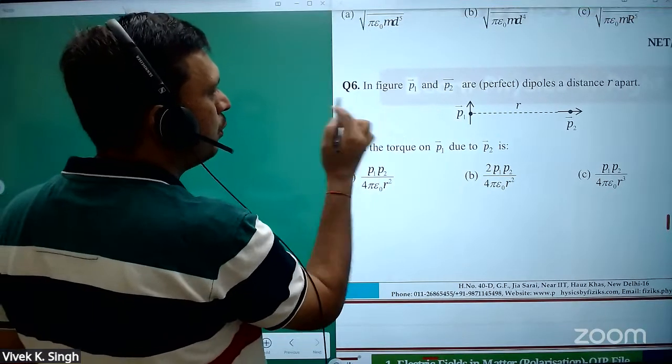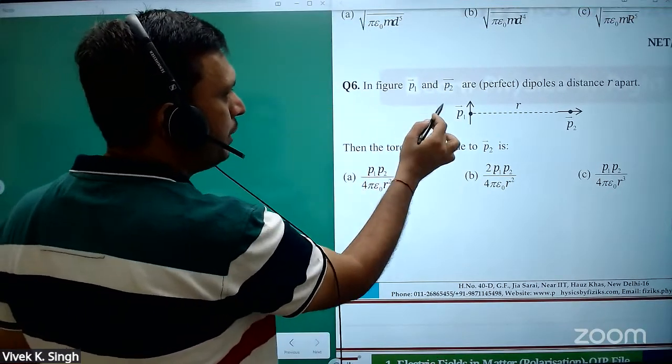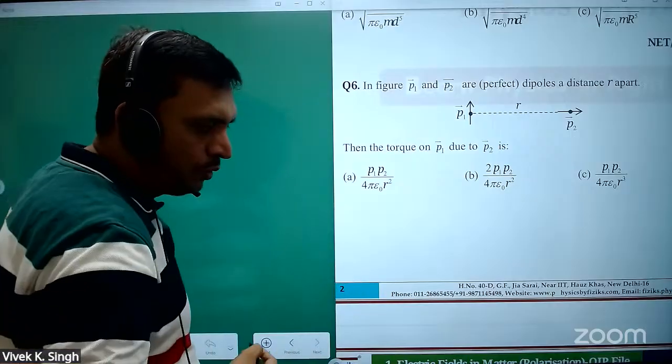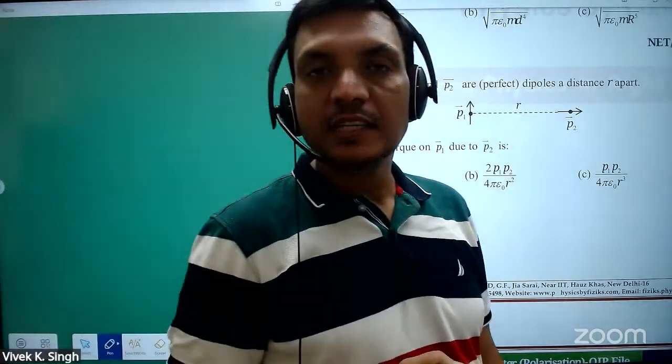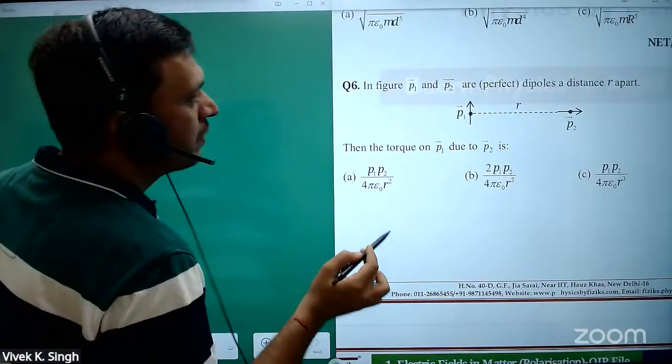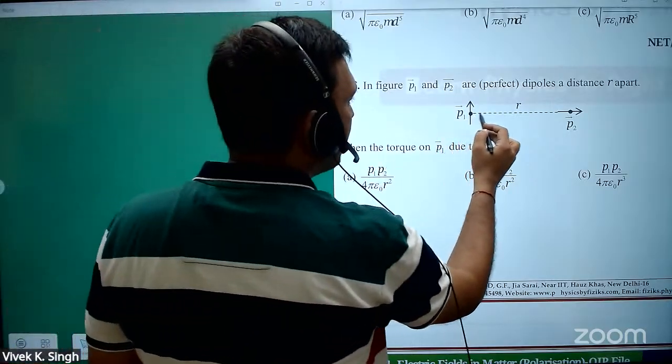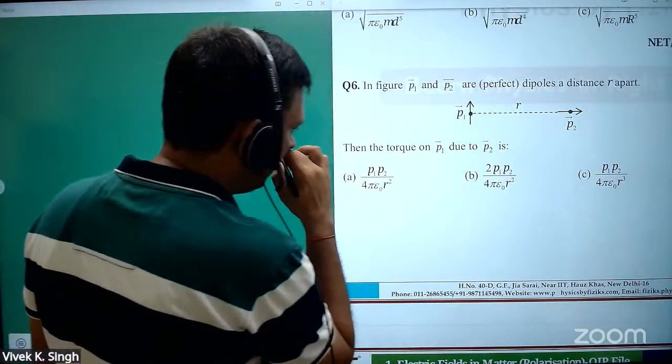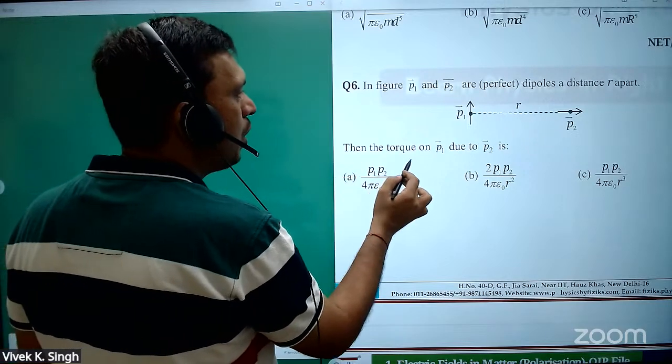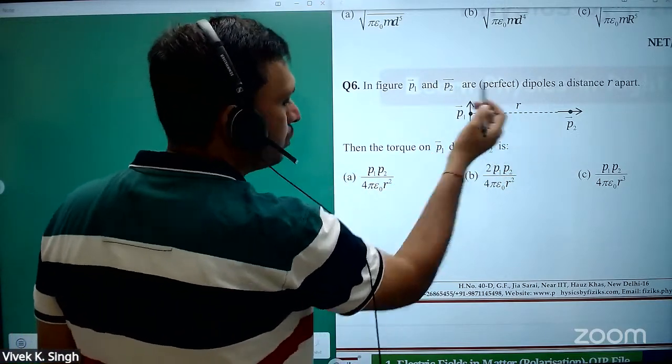P1 and P2 in the figure are two perfect dipoles. When I say perfect dipole, these are small dipoles. And they are separated by a distance r apart. Find the torque on P1 due to P2.